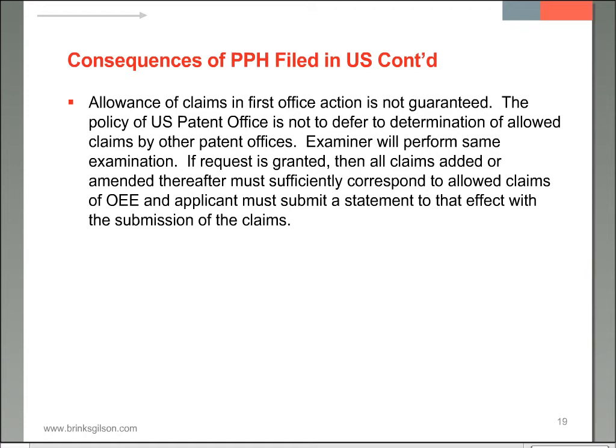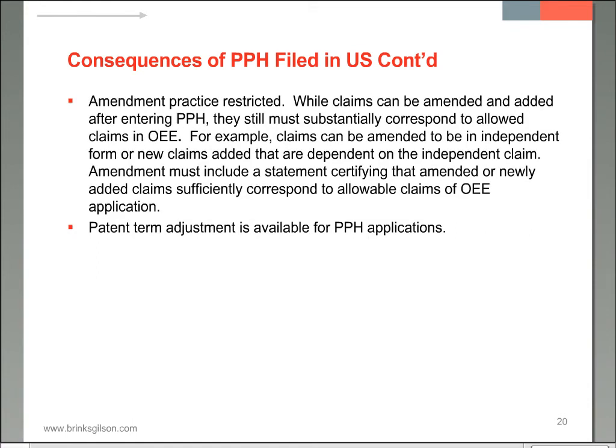A first office action allowance would really help with reaching the examiner's quota, and so an examiner may be tempted to defer to the allowance of the claims presented under the PPH. As mentioned previously, the claims presented at the time of the request are limited in their substance. Such limitations continue after the request is granted.